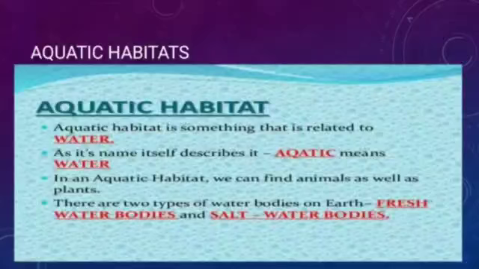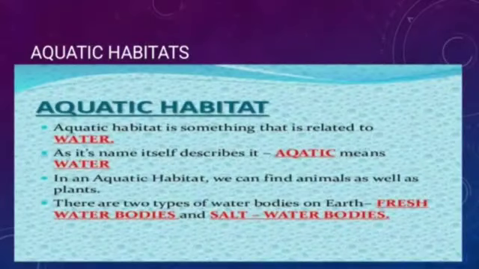So first we see about the ocean. We already discussed fish and their streamlined bodies. Some other animals, squids and octopus, do not have this type of streamlined body because they live deeper in the ocean and catch whatever prey moves towards them.